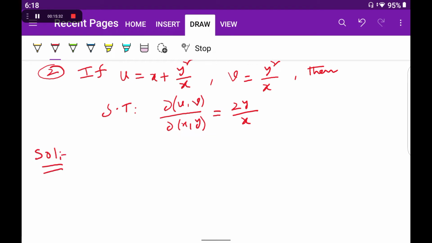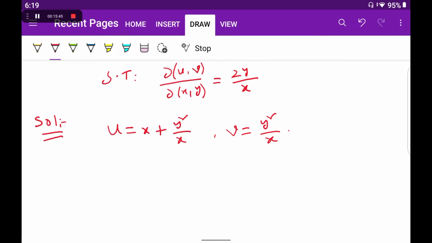Solution. You are given u equal to x plus y square by x, v equal to y square by x. The Jacobian dou(u,v) by dou(x,y), how can you write this?